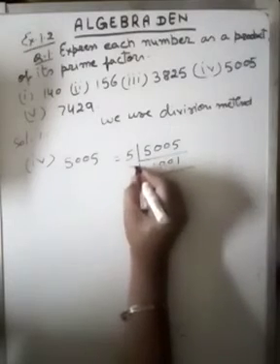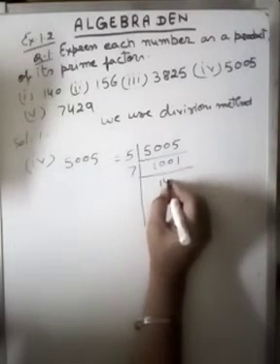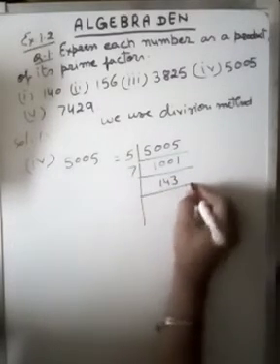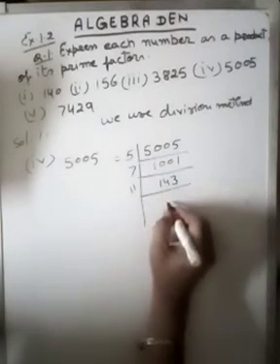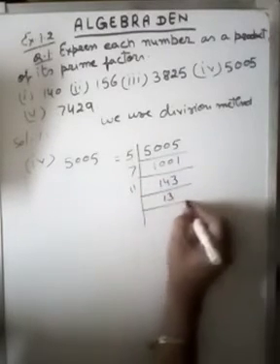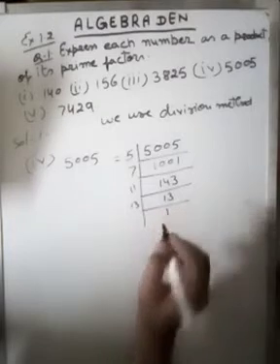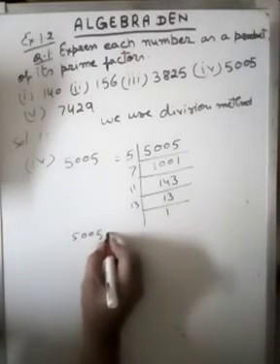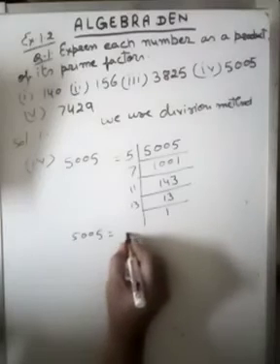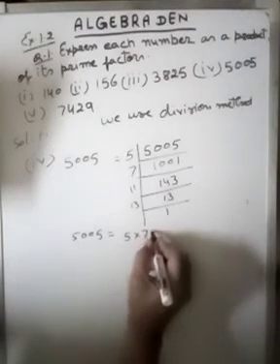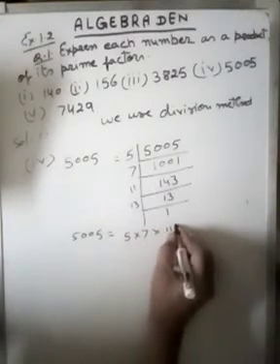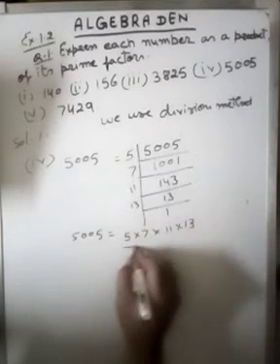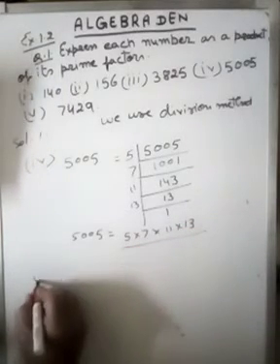Then by 7, it is 143. Then by 11, it is 13. And lastly divided by 13, it is 1. So 5005, its prime factorization is 5 into 7 into 11 into 13. This is the prime factorization.